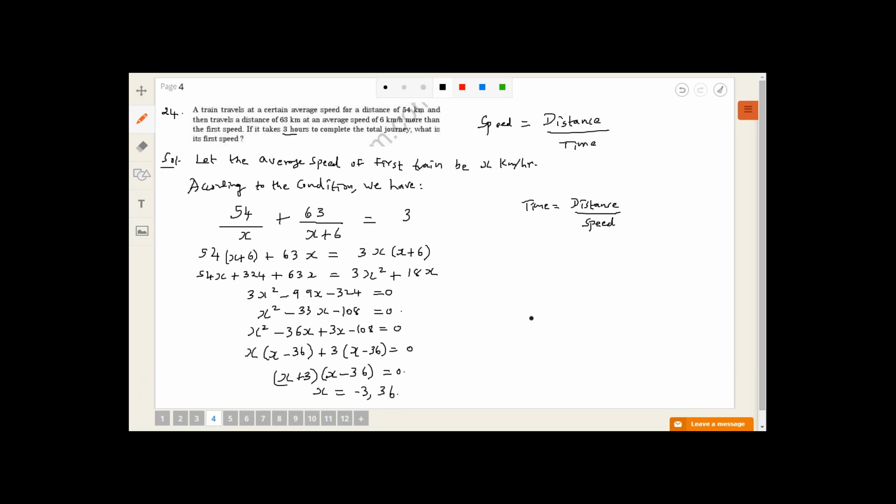So the average speed for the first journey, which is 54 kilometers traveled by train, is equal to 36 kilometers per hour. Now we are moving to the next question.